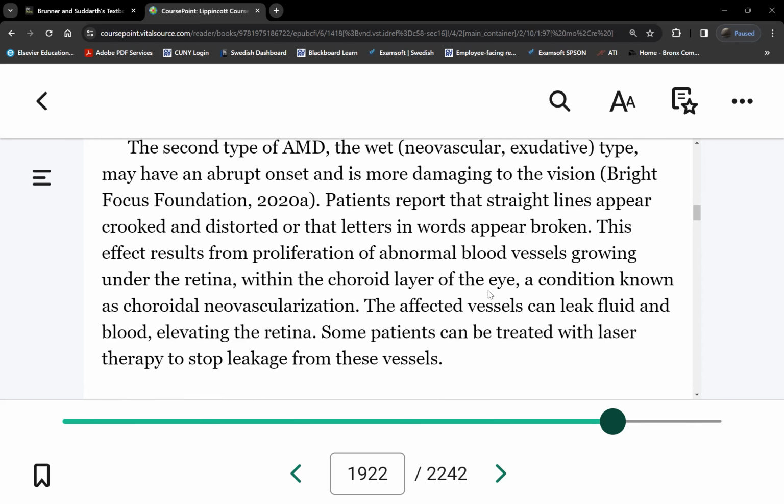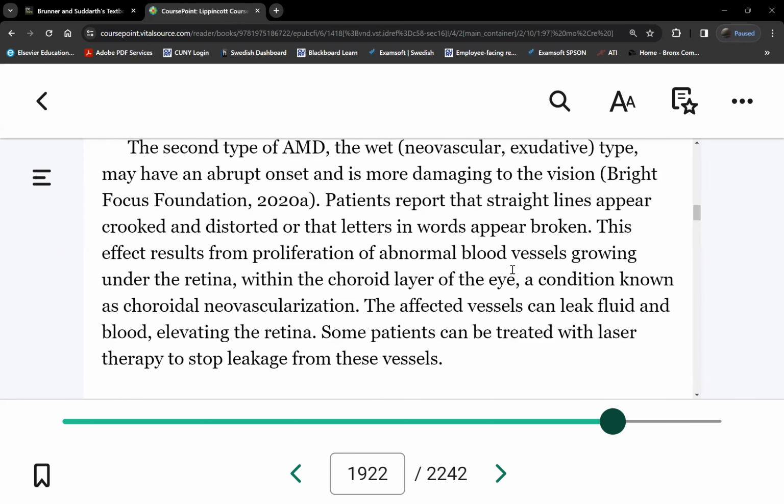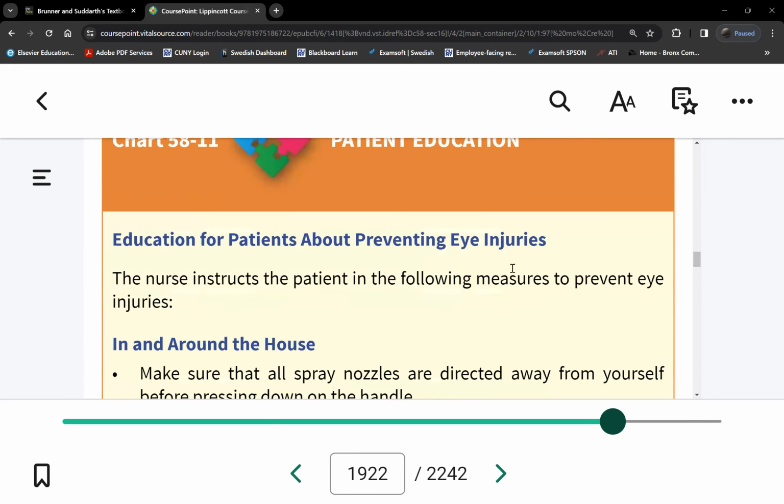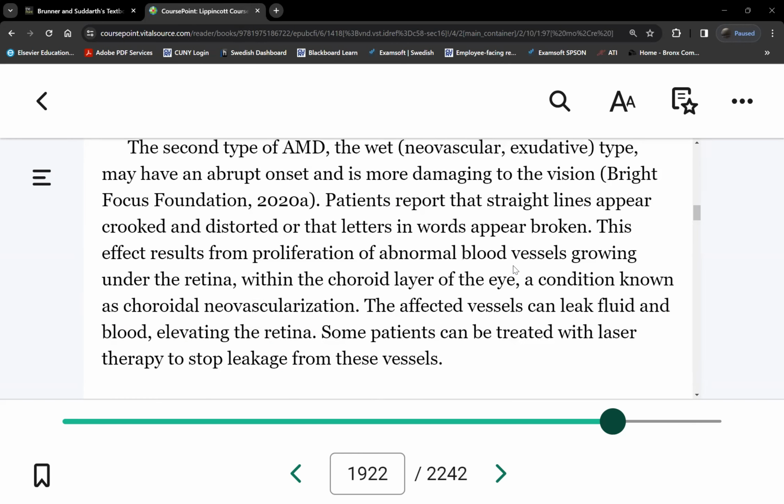However, there is treatment here. Since it's caused by these abnormal blood vessels, we give drugs to prevent the growth of those abnormal blood vessels. So they use chemotherapy. The exact name of these chemo drugs is endothelial growth factor inhibitor.